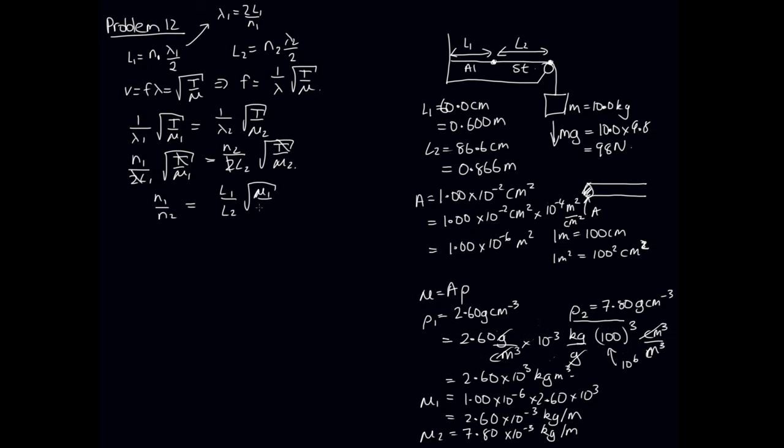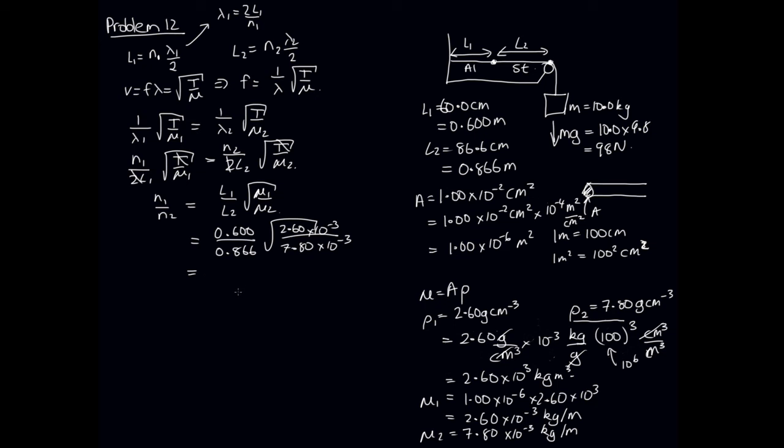mu1 on mu2. And so now we can work out what N1 on N2 is, because we've got expressions for this. So we've got 0.600 over 0.866 times the square root of mu1, which is 2.60 times 10 to the minus 3 over 7.80 times 10 to the minus 3.